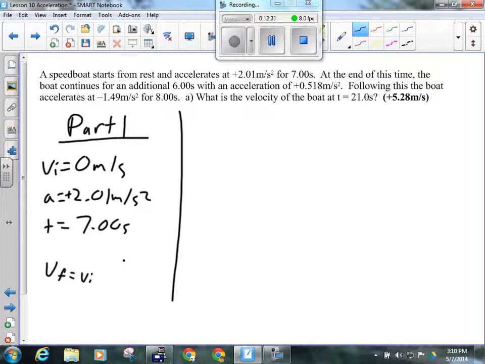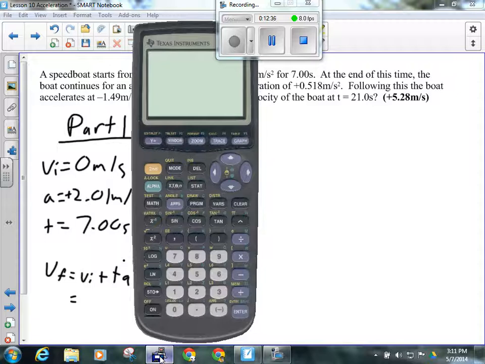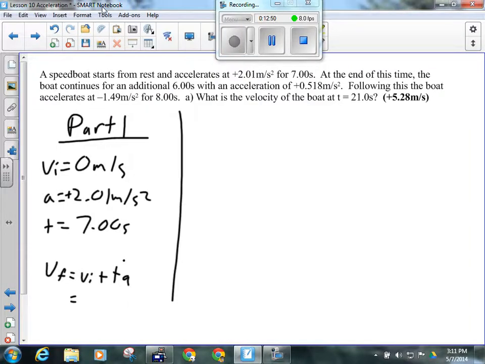So VF will be VI plus T times A. Okay, and so that's going to be 2.01 times 7. Okay, so we're going to get 14.07 meters per second.